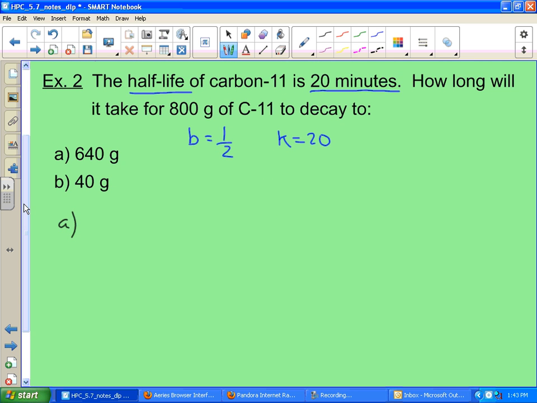So we're looking for how long it takes to go from 800 to 640 grams. We know that A of t, the final amount, is going to be 640. We started with 800. And then my 1 minus r is our growth factor, or in this case, a decay factor of 1/2.